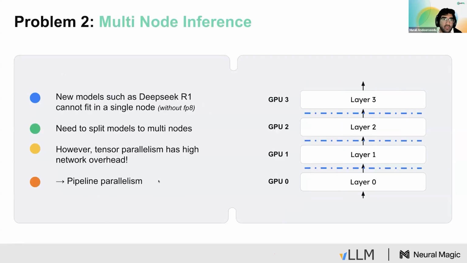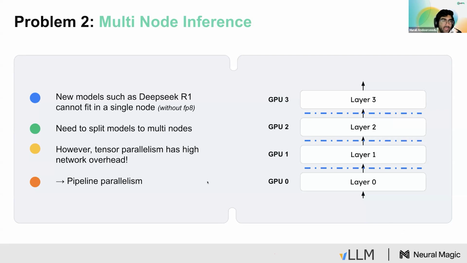Okay, now we'll go to the next problem, which is multi-node inference. Again, I'll bring up DeepSeek R1, but this is also a problem for other large models such as Llama 4 or 5B, or the large Nemotron model as well. This is a situation where you need multiple nodes just to fit the model in the first place.